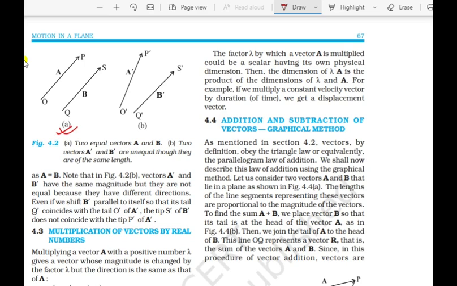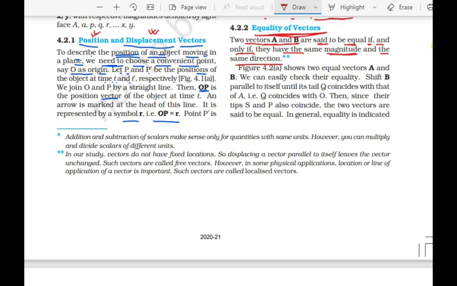See the directions as well as magnitude are all the same. Here magnitude is represented by the length of the arrow, and the direction is also the same, so they are equal.